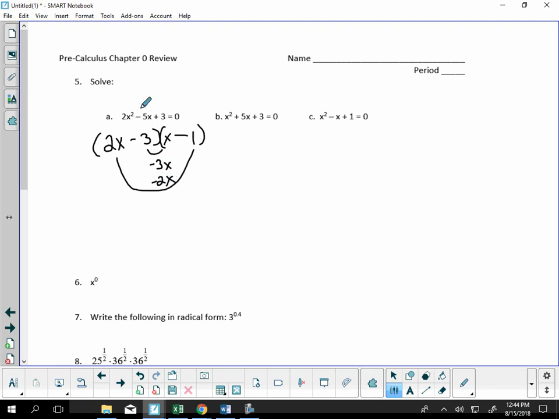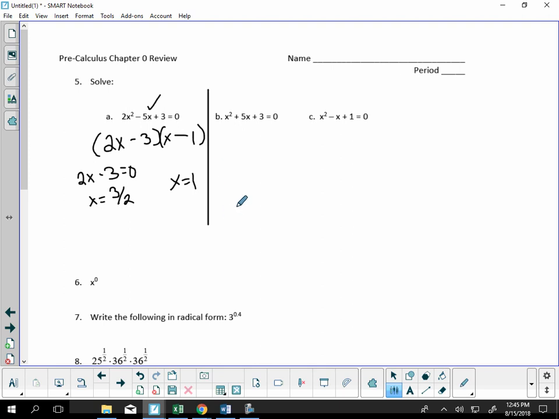Add them together, and this time it does equal negative 5x, so I've got my factoring correct. And if I could not have factored that, I would have used the quadratic formula, and we'll do that on the next one. You take each one of those then, set it equal to 0, and solve. You get x equals 3 over 2, and here you're going to get x equals 1.